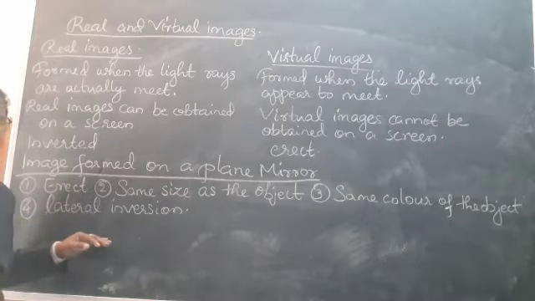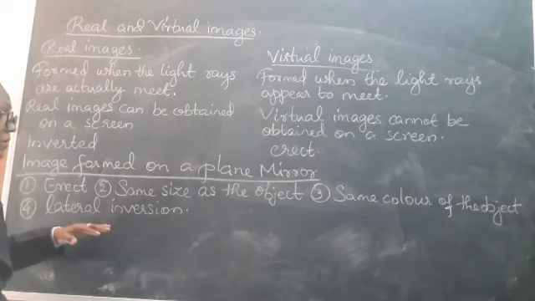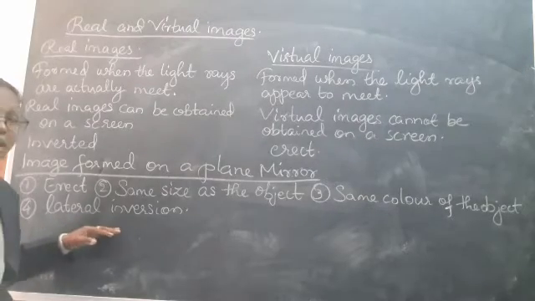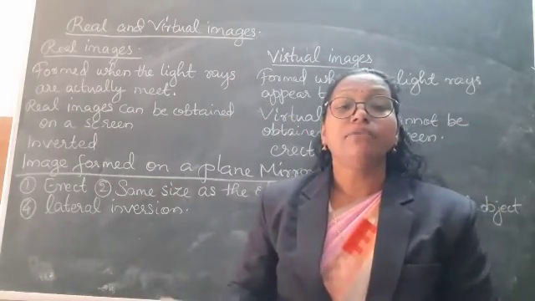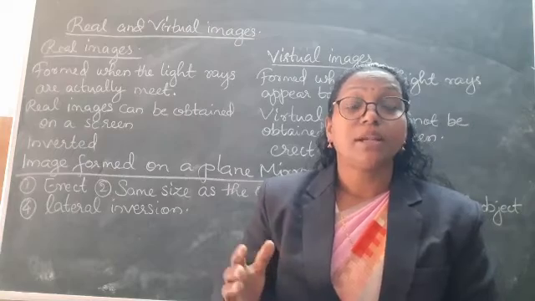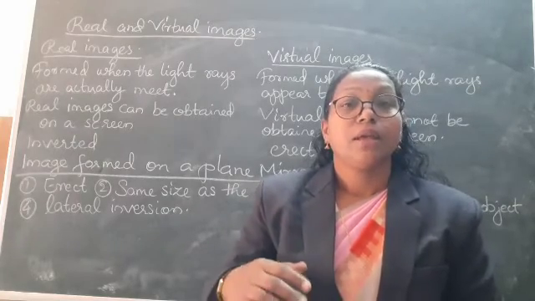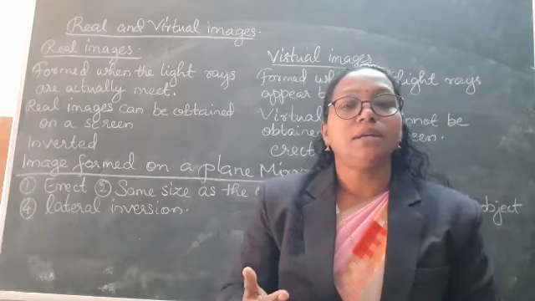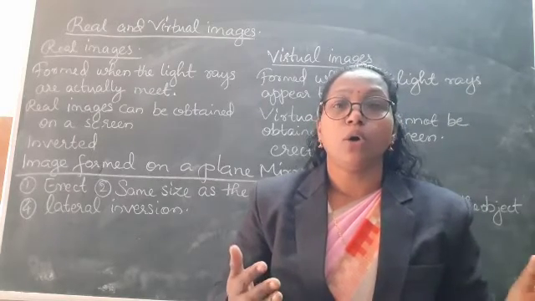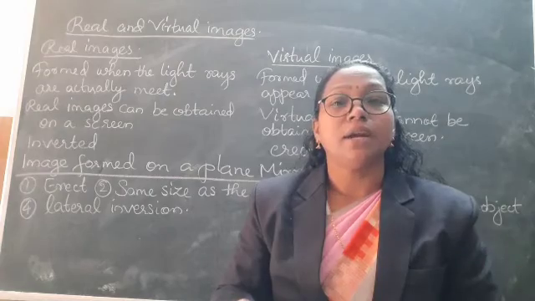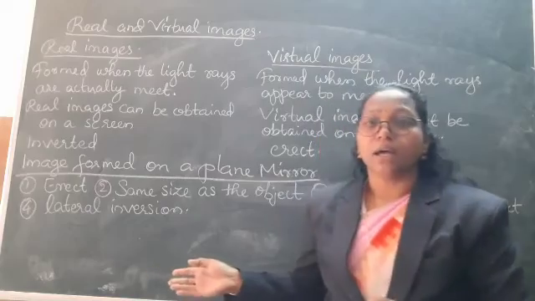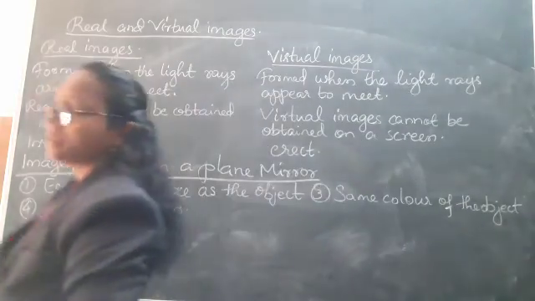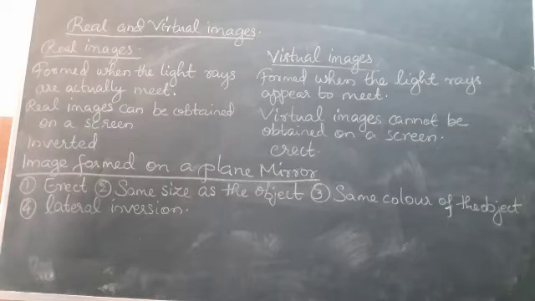That means the sides get reversed. The right side of the object will appear as the left side of the image, and the left side of the object will appear as the right side of the image.